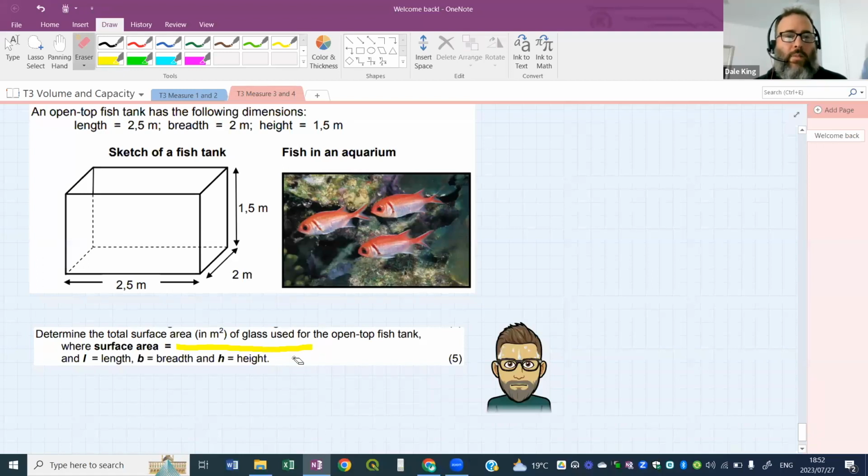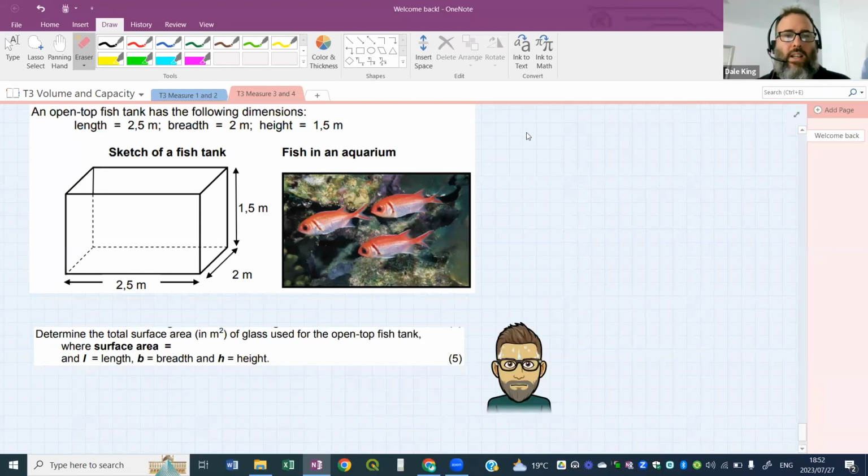There is a formula. I've hidden it. You will always get the formula, but I want to know if you can do this without the formula, because the formula they gave you is wrong. I'll show it to you at the end.